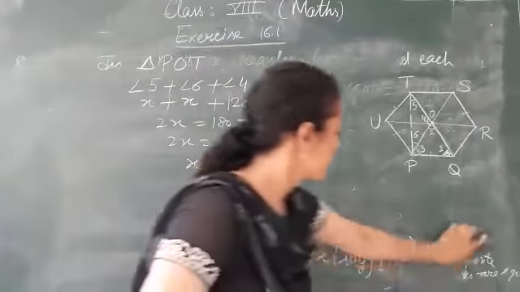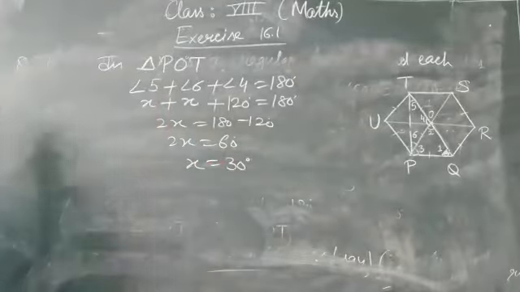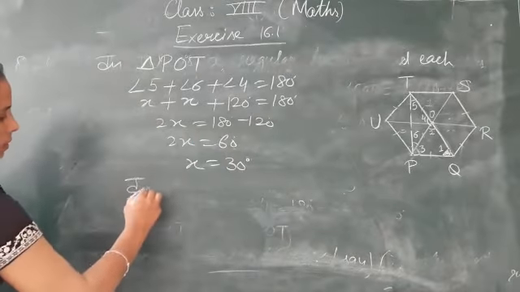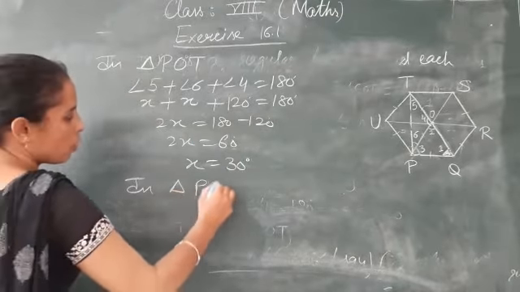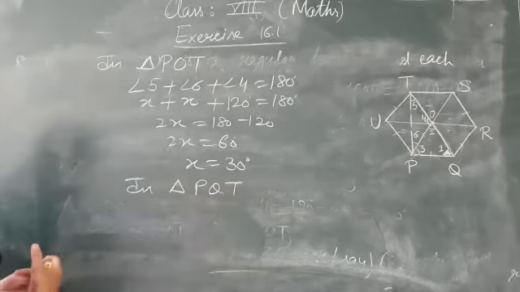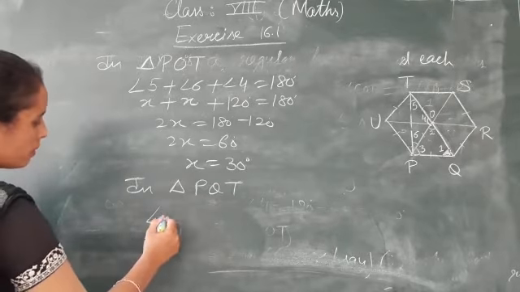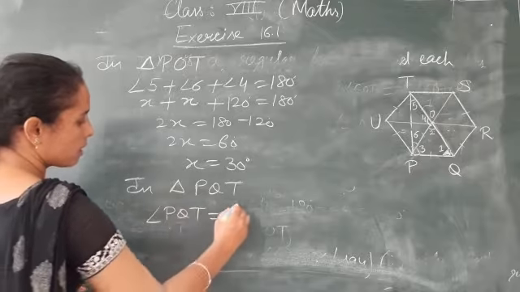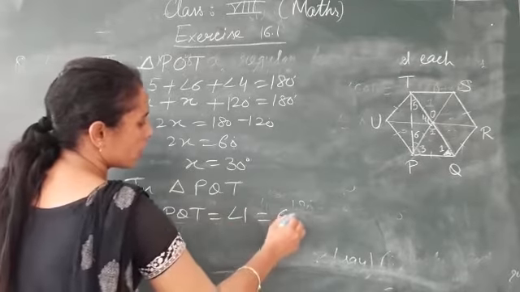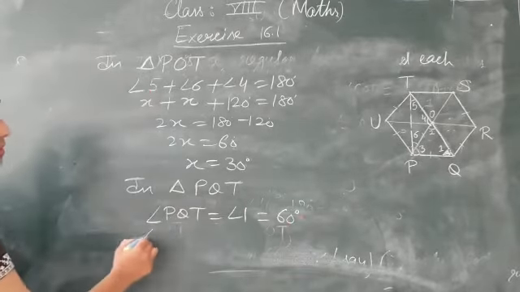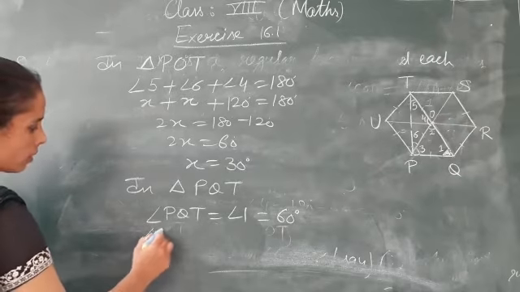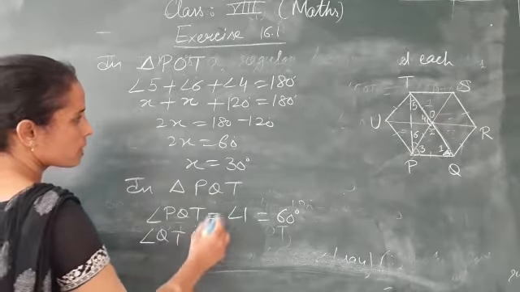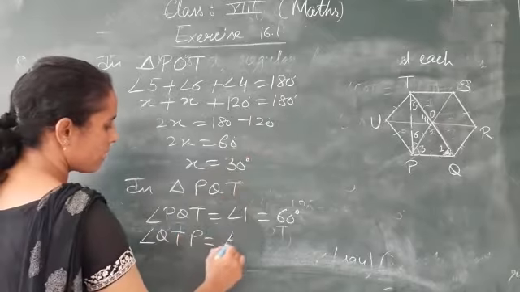It means in triangle PQT, angle PQT, that is angle 1, which we got 60 degrees. Second angle is angle QTP, this is the second angle of the triangle, which is angle 5.